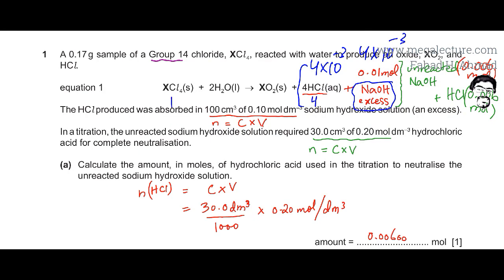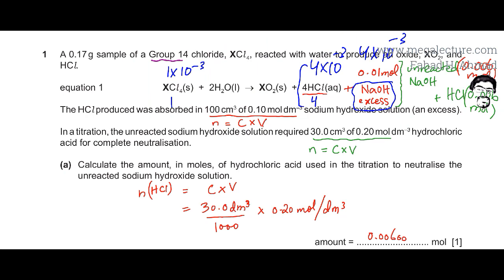So it's 4:1. If it's 4 times 10 to the power minus 3 moles of HCl, then the amount of HCl4 that would be required for producing that, according to this ratio, would be 1 times 10 raised to the power minus 3 moles, because it's 1:4 in the equation. So 4 times 10 to the power minus 3 moles would be produced by 1 times 10 to the power minus 3 moles of HCl4.